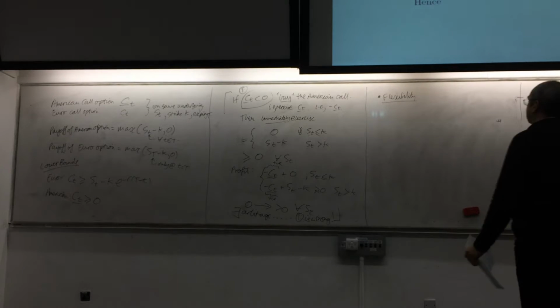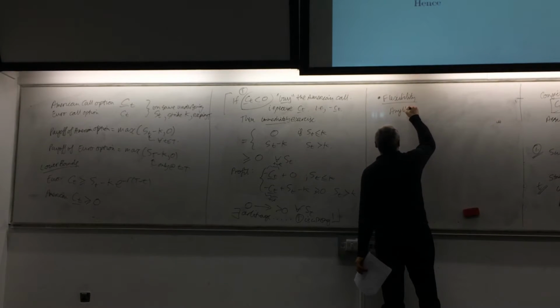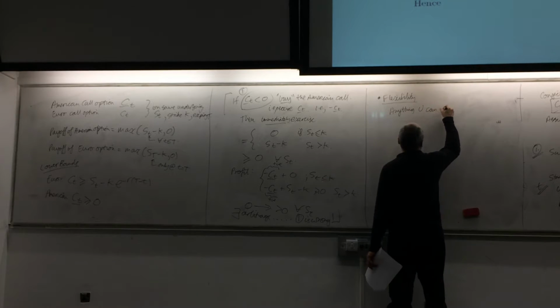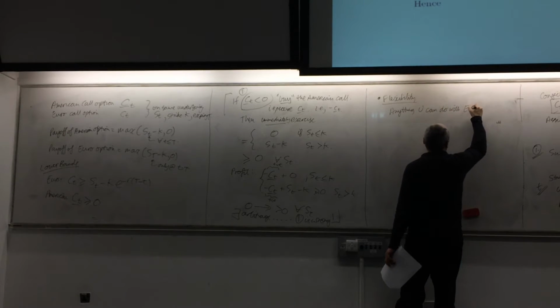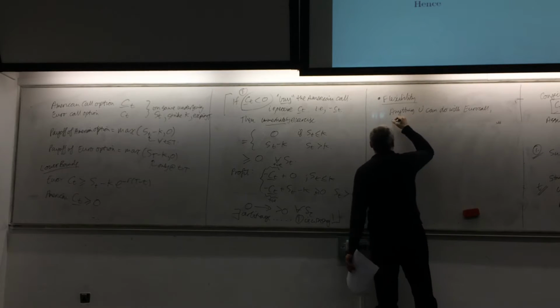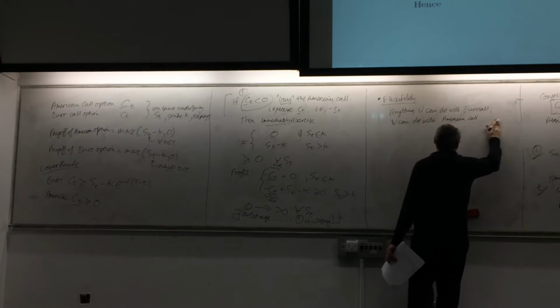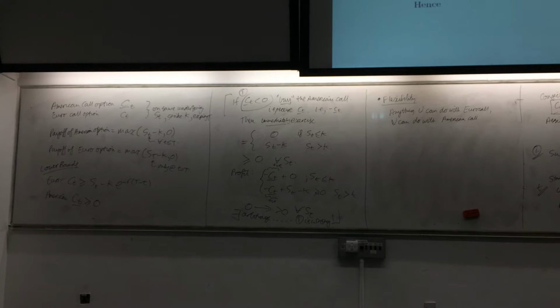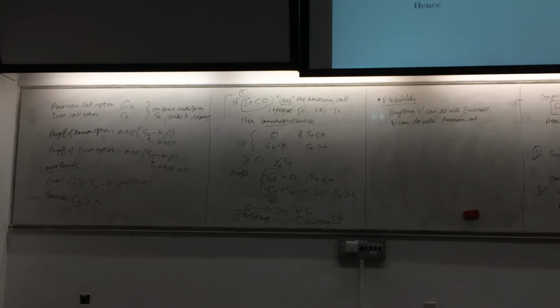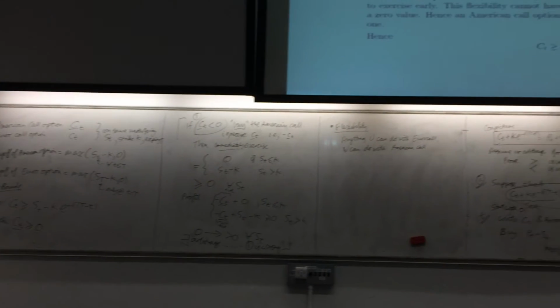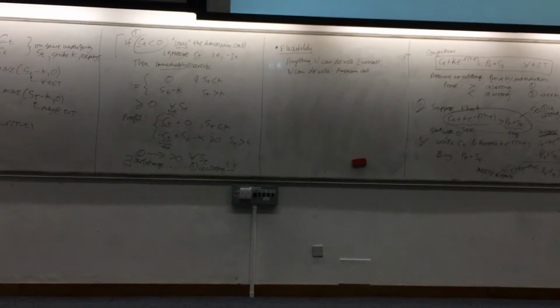And watch the order. Anything you can do with a European option, you can do with an American option. With a European option, you can only do something at expiry. Clearly, if you've got an American option, you can exercise at any point up to expiry. You could just wait and then exercise it at expiry.